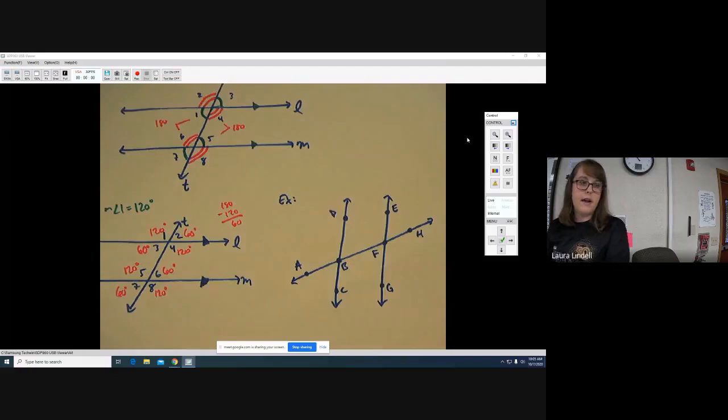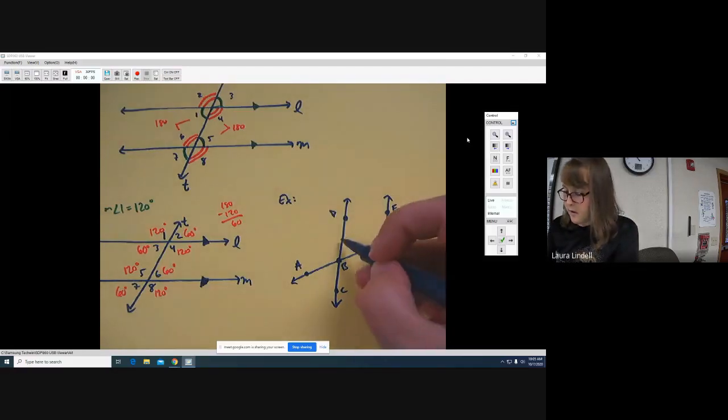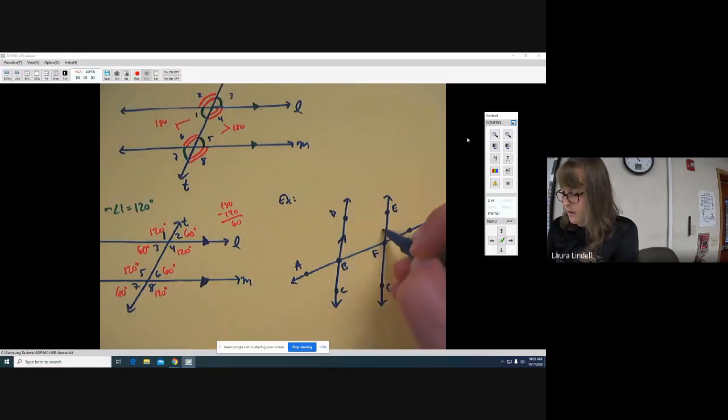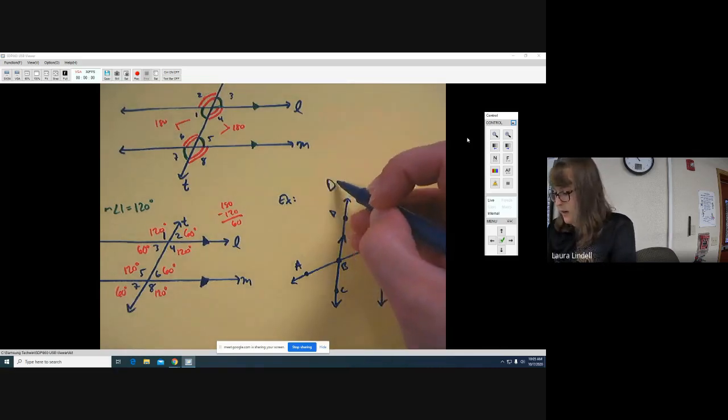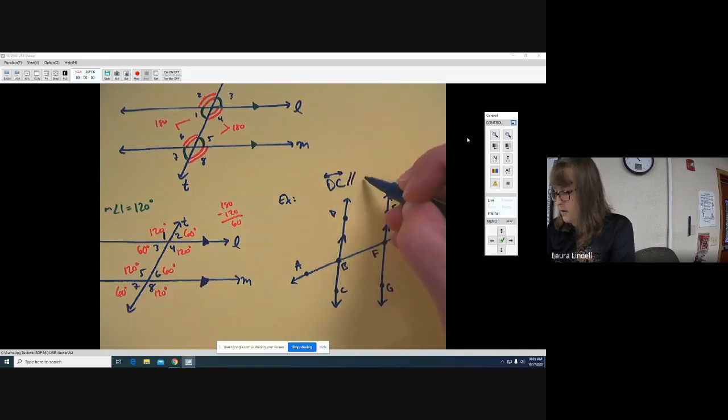Go ahead and draw that. And we're going to say that that line and that line are parallel. So we'll say line DC is parallel to line EG.